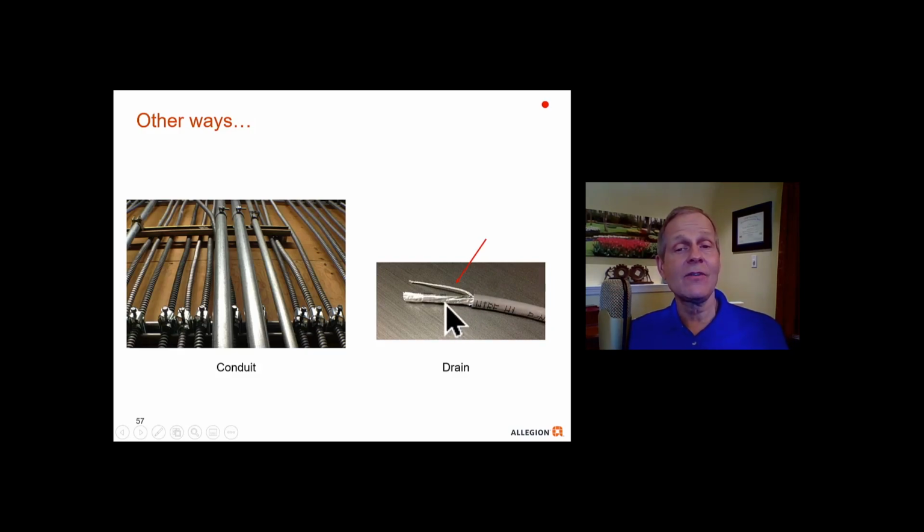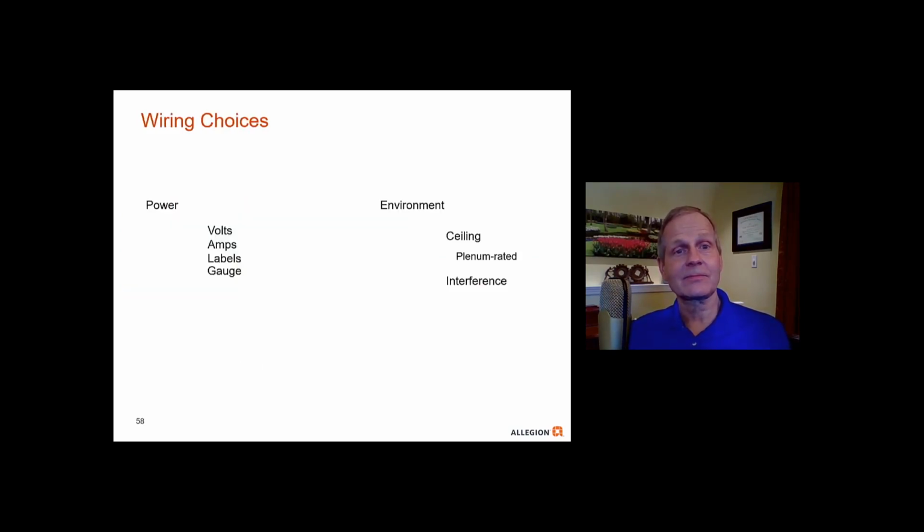That is in addition to the foil. That drain wire will tend to funnel away any interference. Drain wires would be connected to ground, so it'll take that interference away to ground. Drain wires should only be connected at one end to ground. If you connect both ends, it tends to serve as an antenna and could potentially make the interference worse.